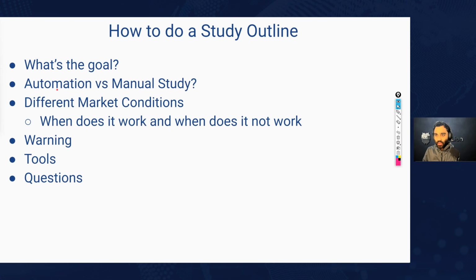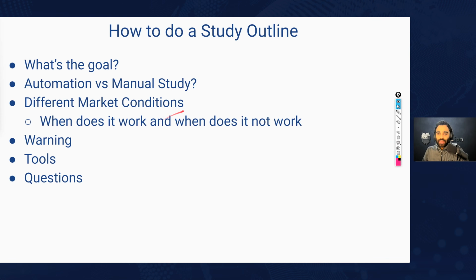And if there's benefit in automation versus a manual study, there are different benefits to each. We'll discuss those. And one of the most important ones is that things work in certain market conditions and they don't work in other market conditions.